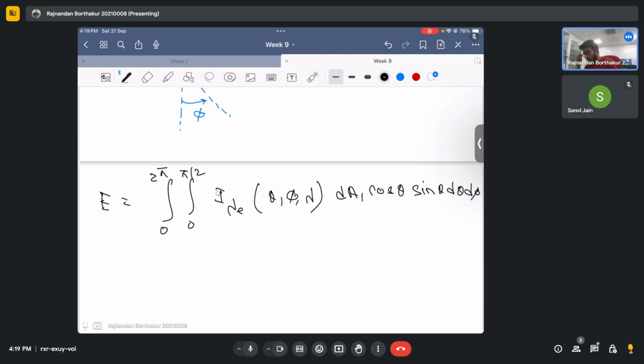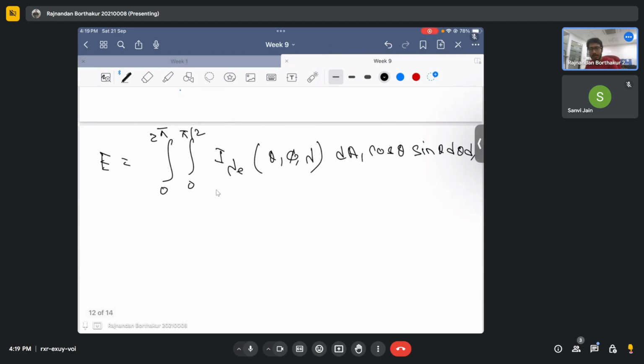Now we'll do a simple thing. Instead of calculating the emissive power, we'll calculate the emissive power per unit area of dA1, which becomes the flux. Remember this emissive power is a function of lambda as well. So we write E lambda by dA1, which is the hemispherical emissive flux.